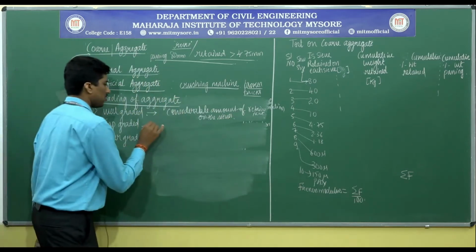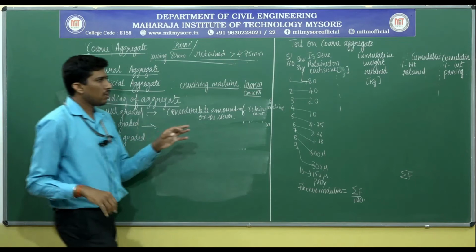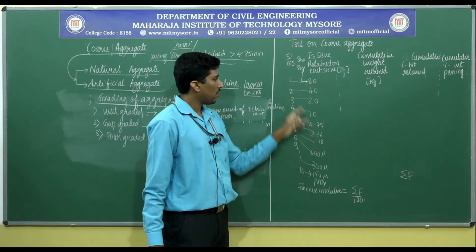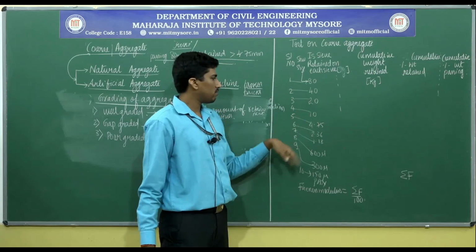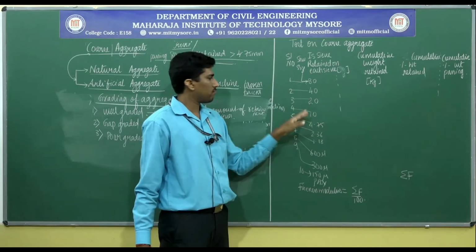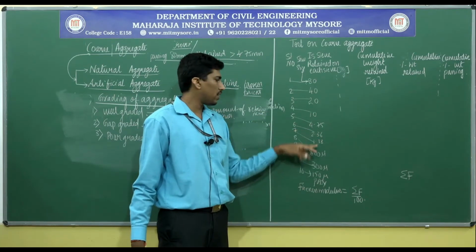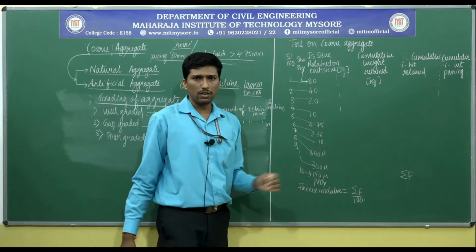Gap graded means maybe 50, maybe 80 passing, 20 has been retained, and again 10 completely has passed, 4.75 is retained, and 2.36 has been retained more, like that.